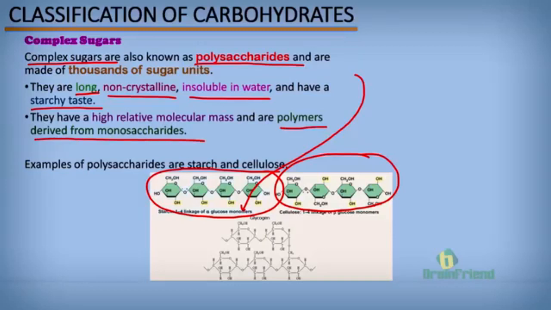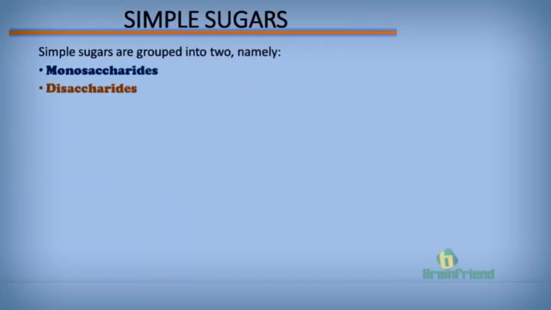This goes to tell us that several monosaccharides build up to form polysaccharides or complex sugars. Some examples are starch and cellulose. We also have glycogen and inulin as other examples of complex sugars.